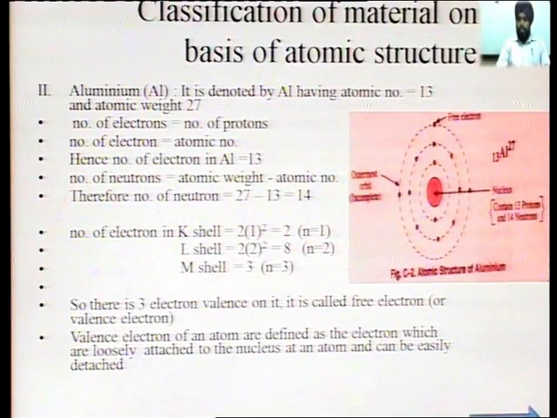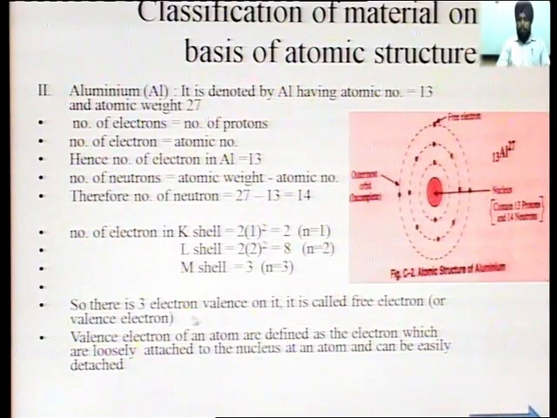In the third shell, the last shell, the maximum would be 8 electrons, but the remainder is 3, since 2 plus 8 is 10, and 10 plus 3 equals 13. So in the last orbit, the M shell, the number of electrons is 3, and these 3 electrons are called valence electrons, and they can be easily detached from the nucleus.